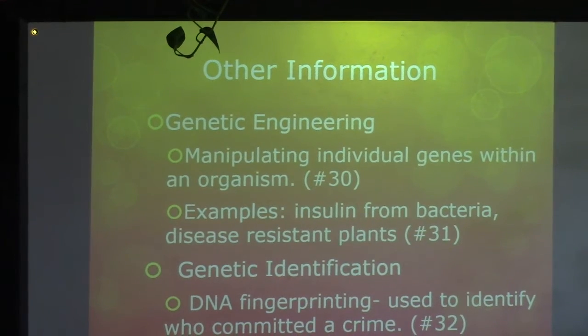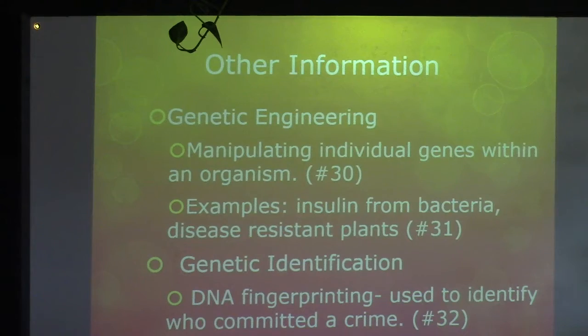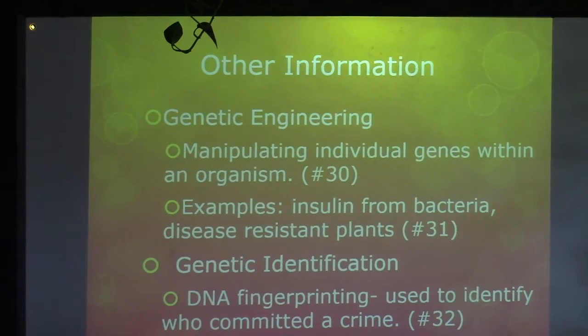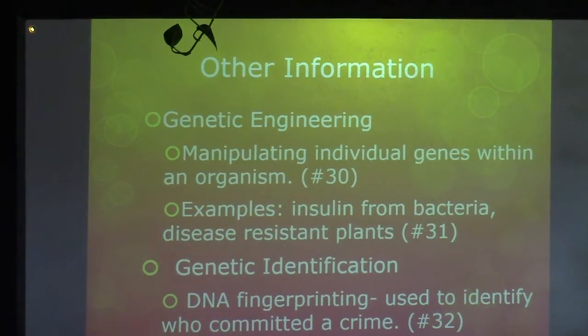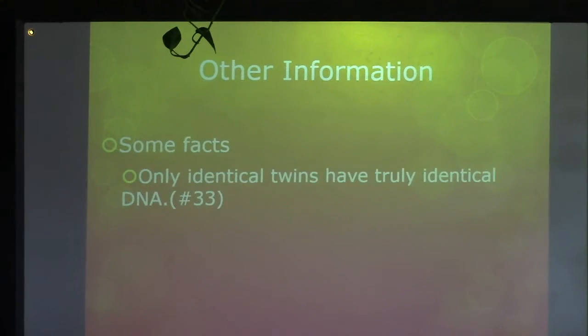But now, we can actually take DNA. DNA is a better fingerprint of who a person is than anything, because everybody has different DNA, except for one exception, identical twins, which is our next one. Only identical twins have truly identical DNA.